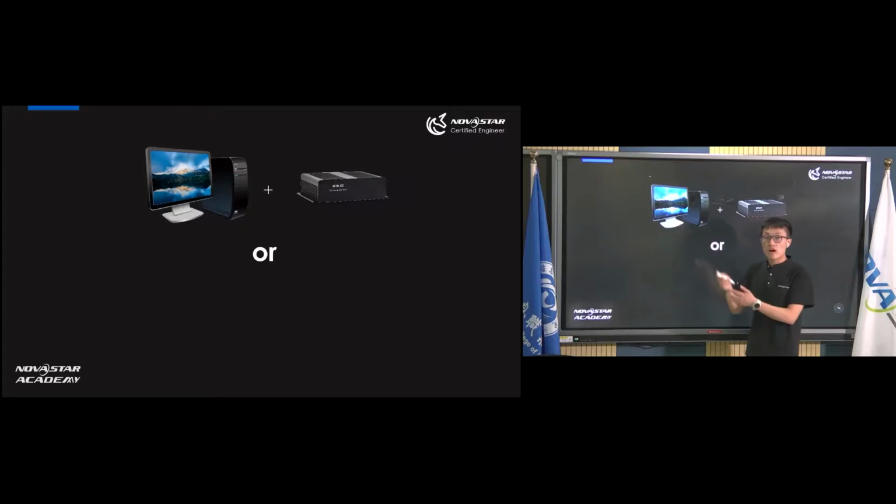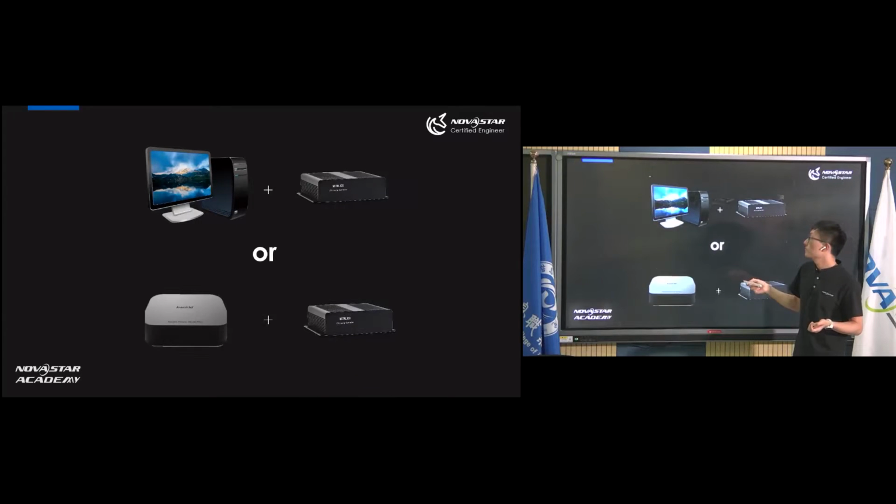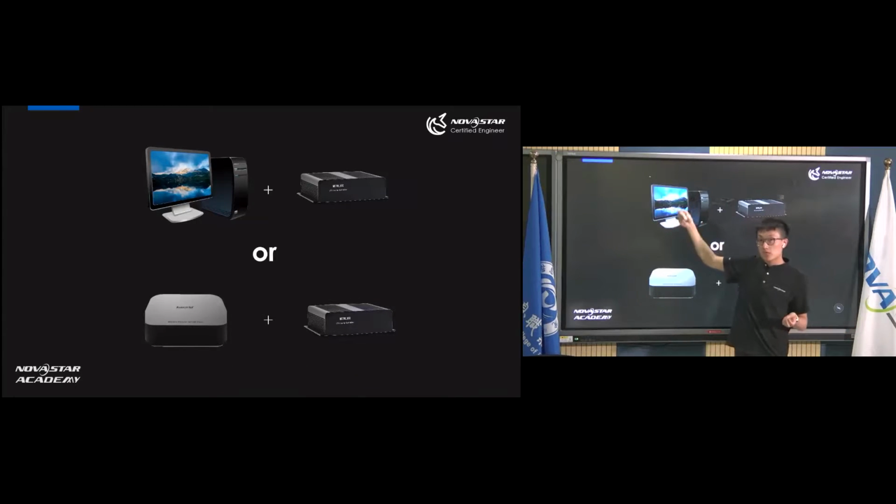The PC provides the video source and sends the control command to the sending card. Your LED screen will receive those commands and the video source and show the content the same as the desktop shows. So in this structure, we call it the synchronized structure, or synchronized mode, because everything is provided by the PC, or you can use a media player instead of the PC.